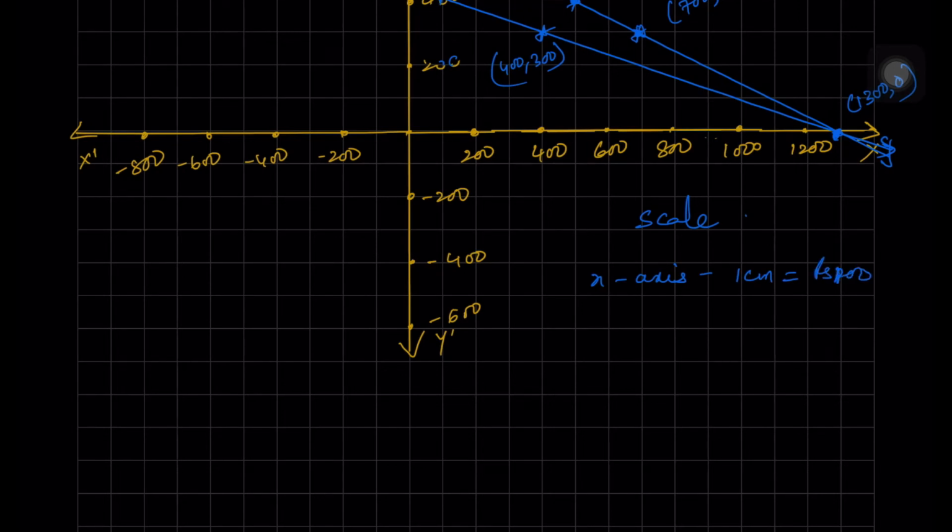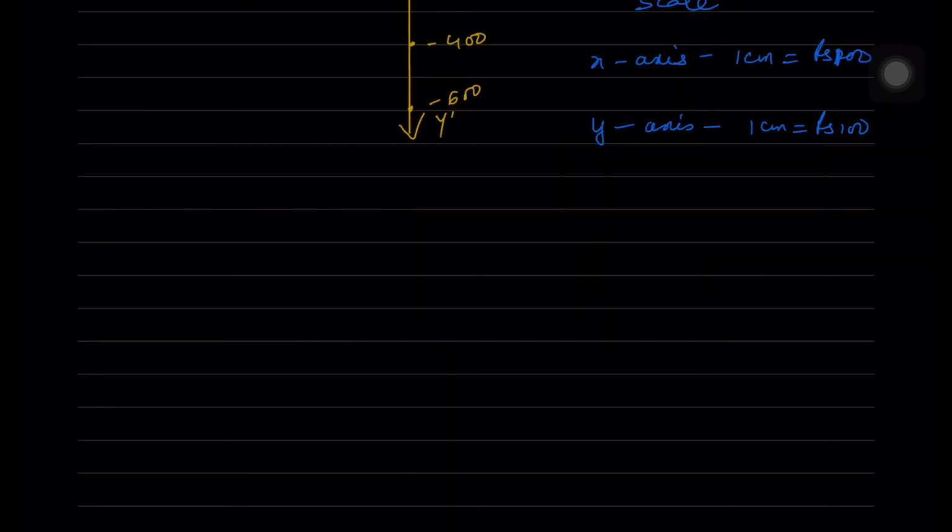what kind of a graph we are getting, we will see. Both the lines intersect at a point over here.